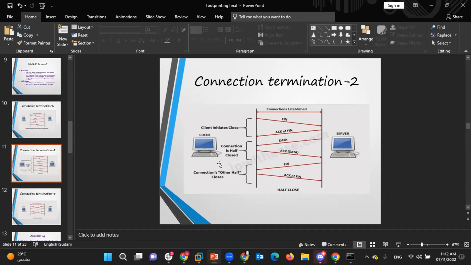He received data also. It's half closed. It is not closed. But the handshake completes after the final FIN ACK packet is sent from the client to the server.